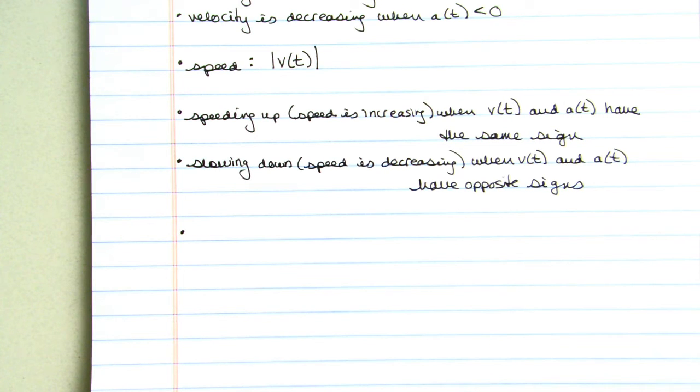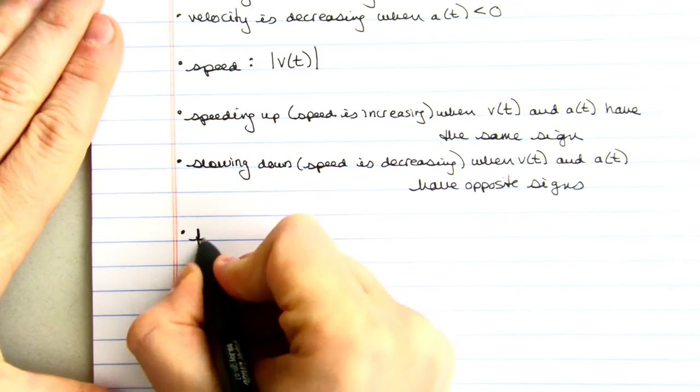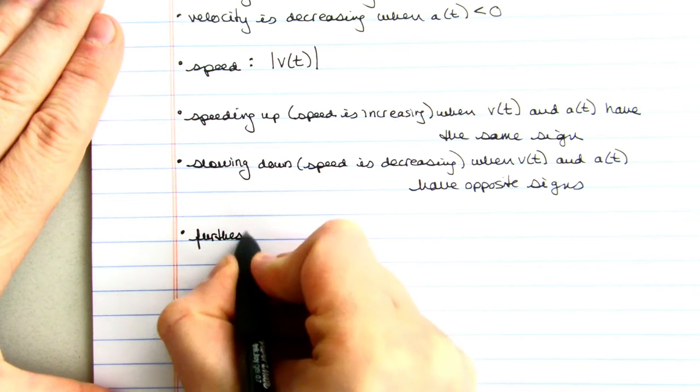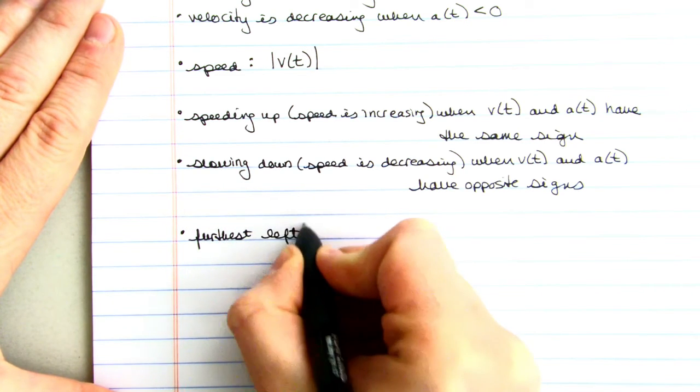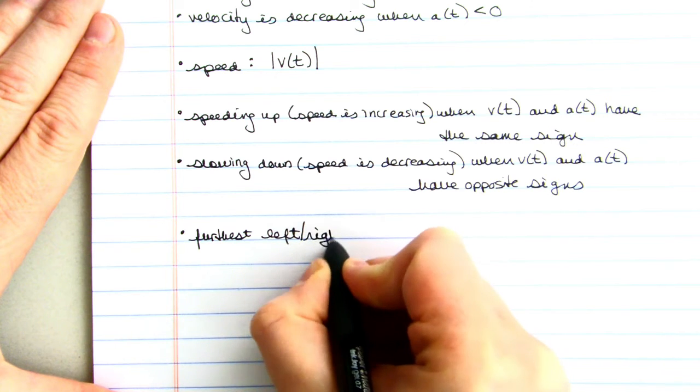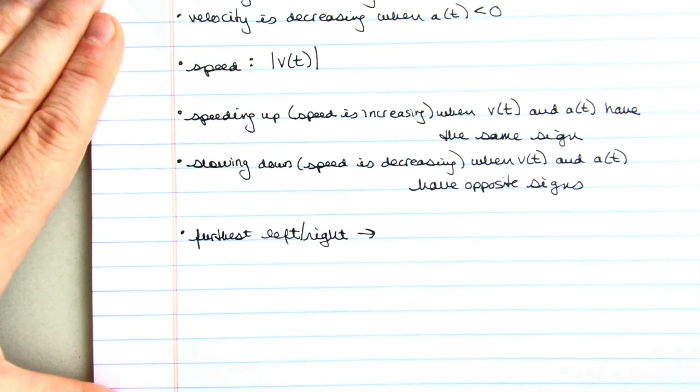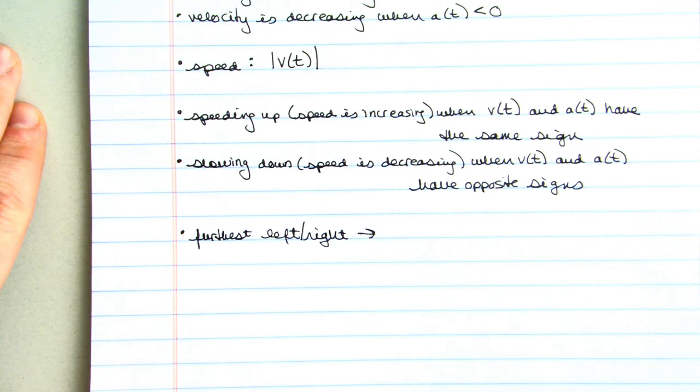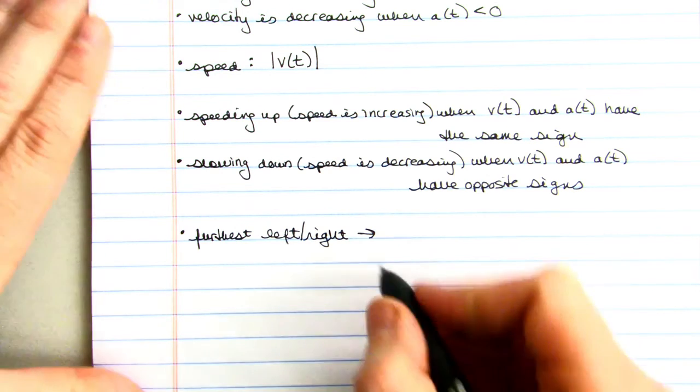Next, I think that's what it was anyhow. We might be asked when the particle is furthest to the left or furthest to the right. Well, we're going to find the absolute maximum or minimum position of the particle.